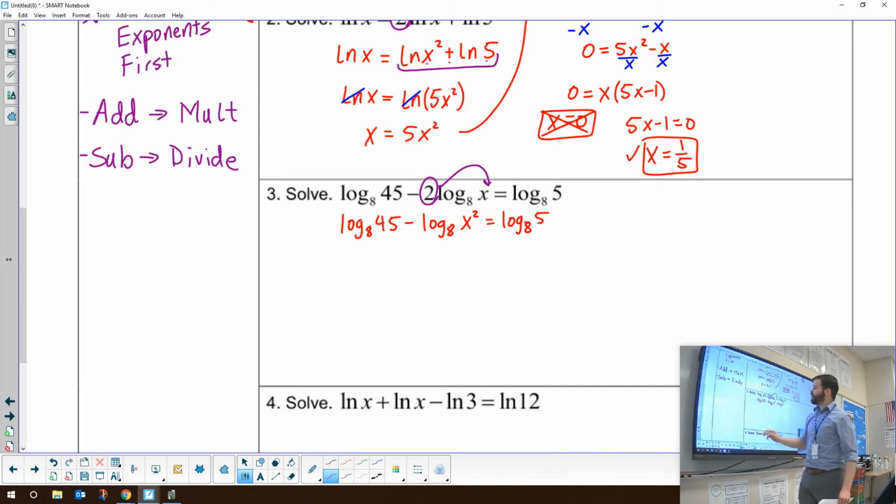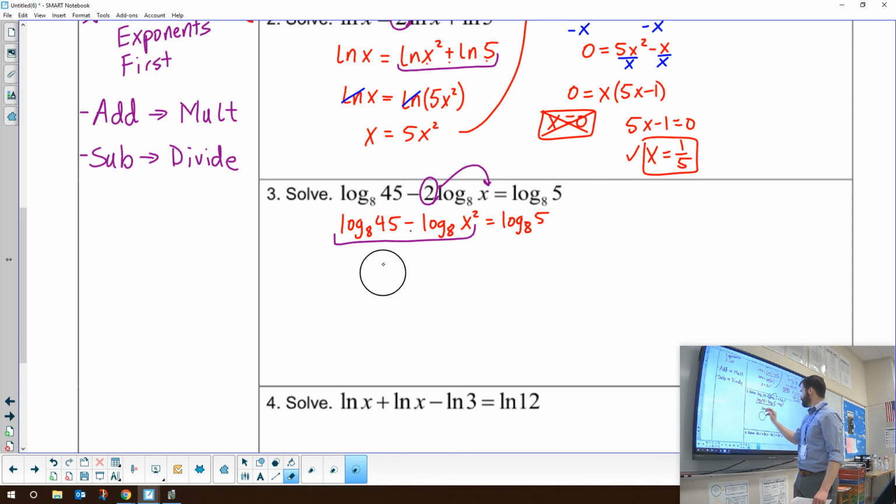Now remember, whenever I am subtracting, like I am here, whenever I squish these together, we are going to divide. So whenever I write this back out, it's going to be log base 8 of 45 over x squared equals log base 8 of 5.